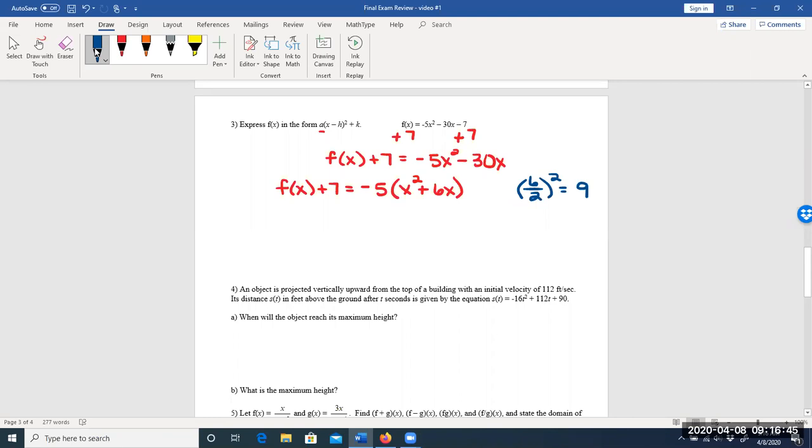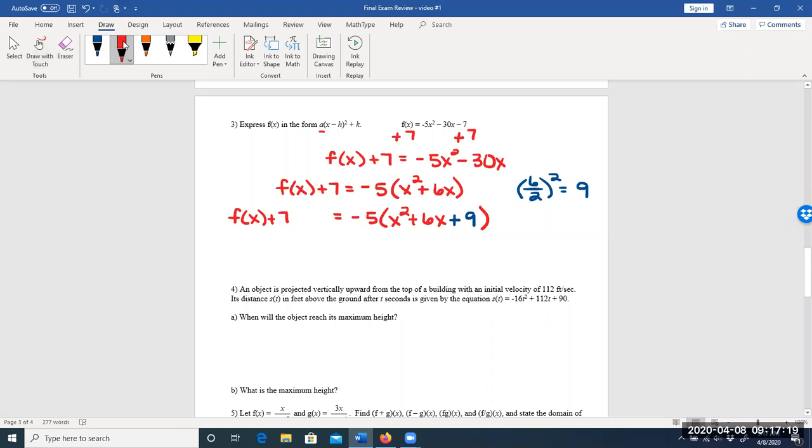So I am going to add 9 inside the parentheses to create a perfect square trinomial. Now I'm going to leave a space over here because I'm going to have to balance things out. I want to make sure that whatever I do to the right-hand side, I also do to the left. I made that in blue there so it stands out.